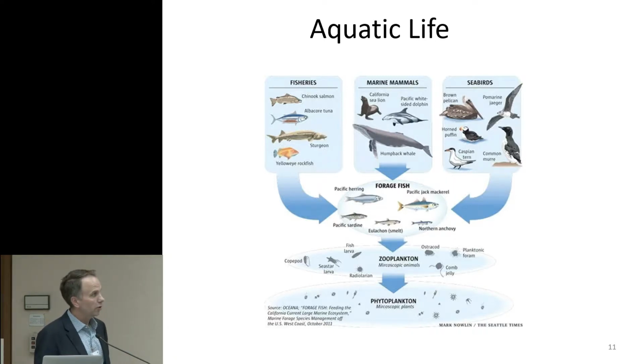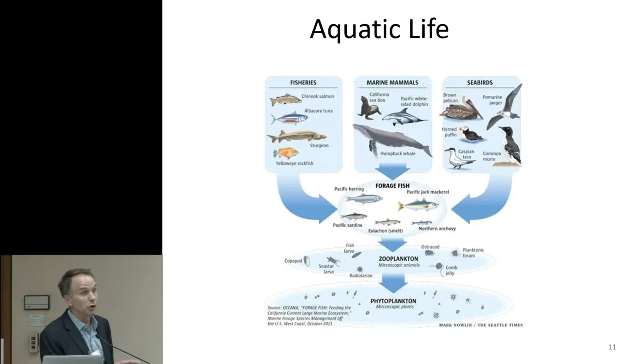And then those zooplankton provide a nice resource base for forage fish, right? So forage fish are eating the zooplankton, which are eating the phytoplankton. And then we get up to some of our more charismatic species, perhaps, that people think about a lot, which are our fishery species, right? That are our tunas, our redfish, our salmon.